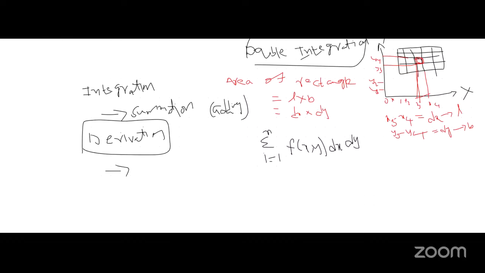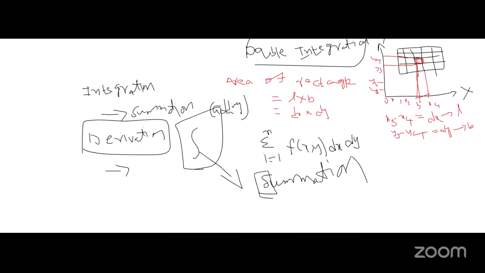In integration we use this symbol, no? Why do we use this symbol? Because integration is nothing but summation. What is the first letter? S, no? We just extend it, that is the same.